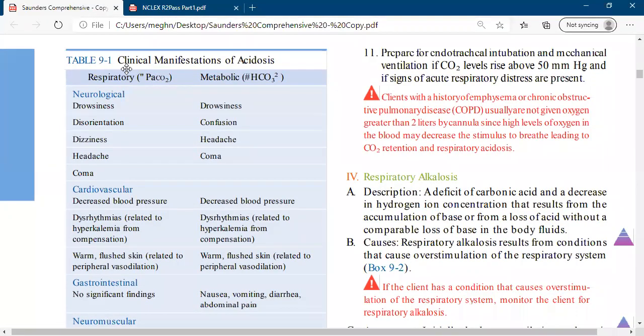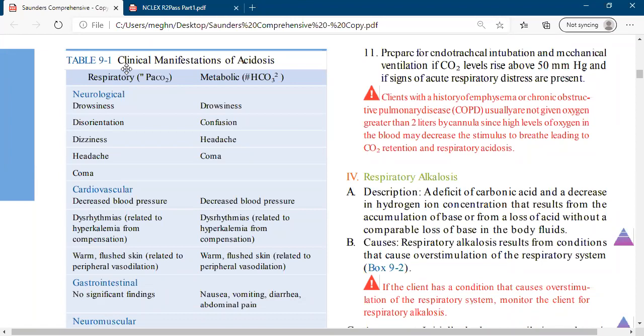If I ask you what respiratory means, your answer would be that maybe my lungs are involved. Respiratory alkalosis or acidosis, your lungs are involved, right? At least to make it easy, since we are at a very beginning level.